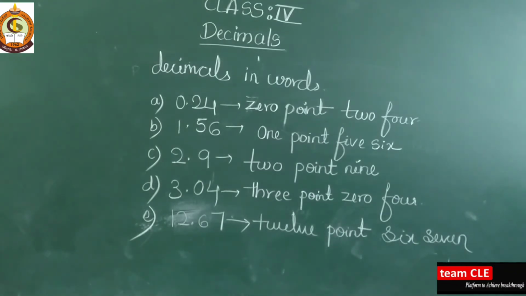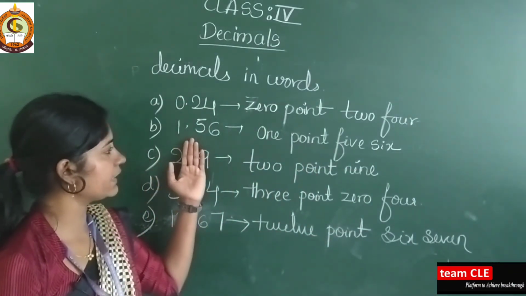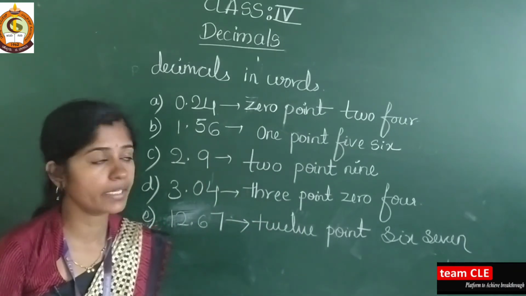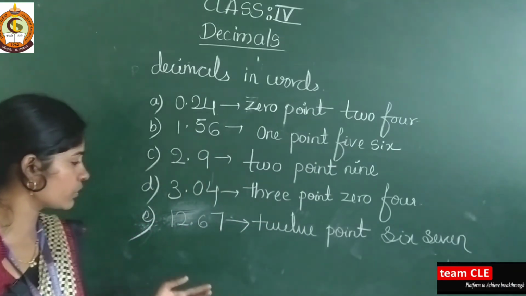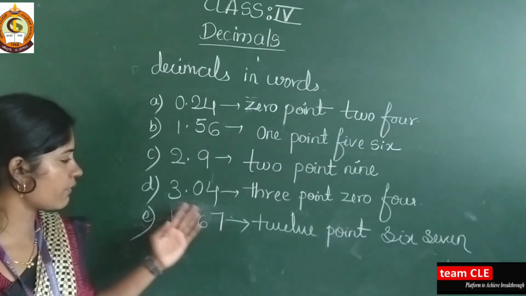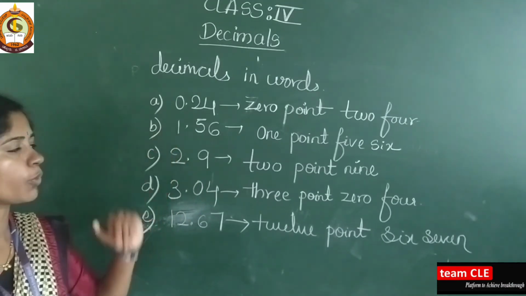While we are reading these decimal numbers, we have to read them as separate digits, or you can read it as 56 hundredths, 67 hundredths. In other words, you have to read 12.67, 3.04, 2.9, 1.56, 0.24.